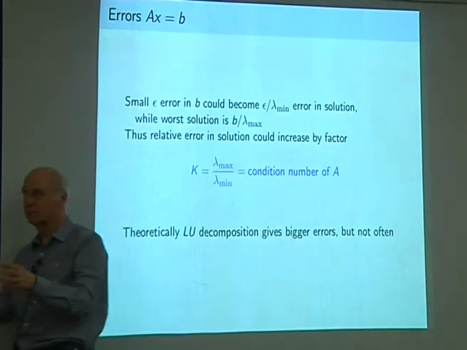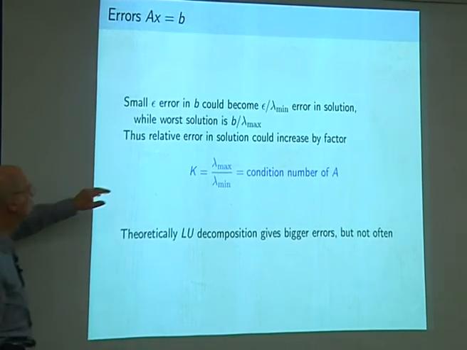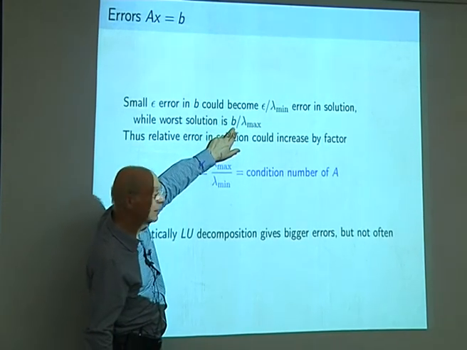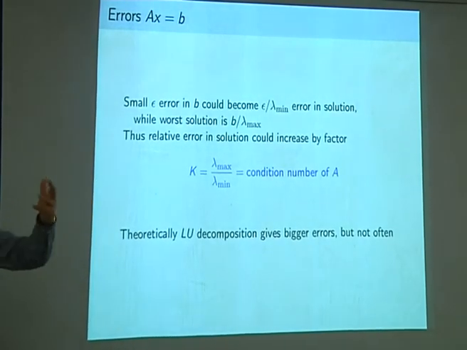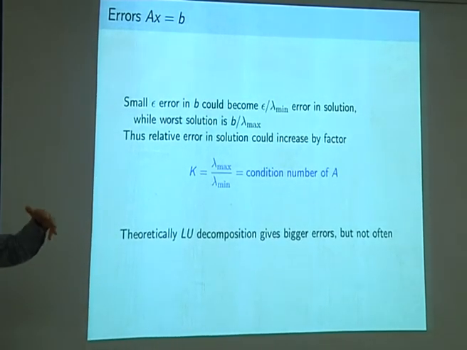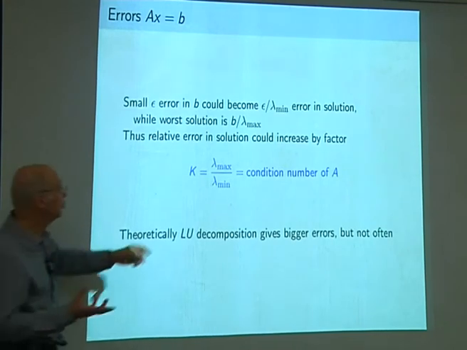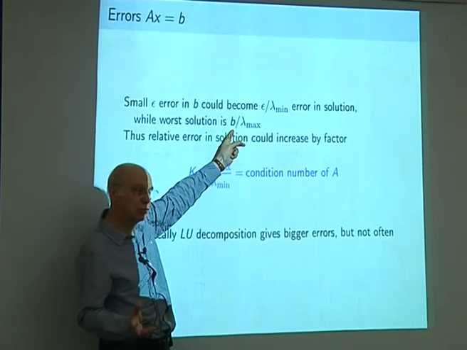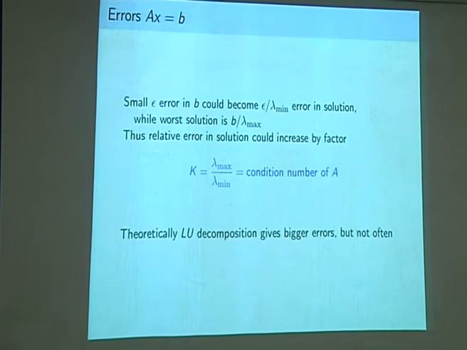So the error will get amplified by dividing by the smallest eigenvalue. And it could also, in the worst situation, be that when you're solving AX equals B, X has B divided by the biggest eigenvalue. It gets reduced a lot. So the error gets blown up by dividing by the smallest eigenvalue, where the solution gets decreased a lot.